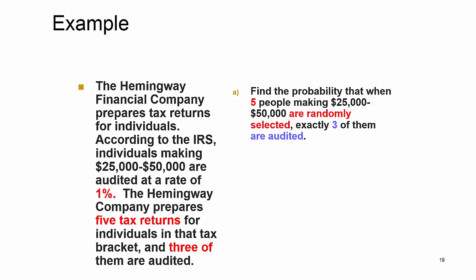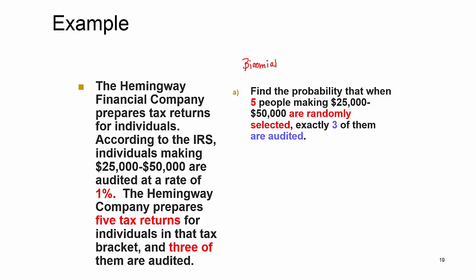Find the probability that when 5 people making $25,000 to $50,000 are randomly selected, exactly 3 of them are audited. So this is a binomial probability distribution because these trials are supposed to be independent. So when I select one person and then the second person and the third, those are independent selections.